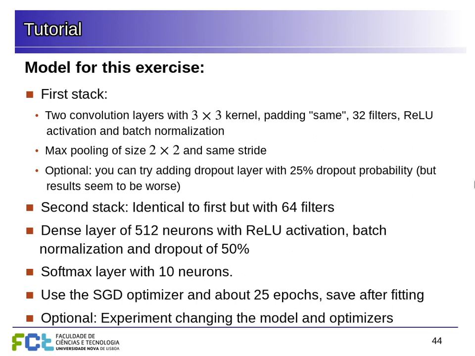So after you put these two stacks of convolutions and pooling, you can flatten things and pass on to that layer of 512 neurons. And here you can use dropout for this dense layer, and then the softmax layer with 10 neurons for classification. If you want, you can change this a bit, add more layers on the dense part, for example.